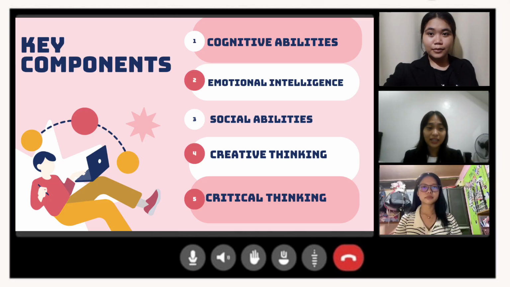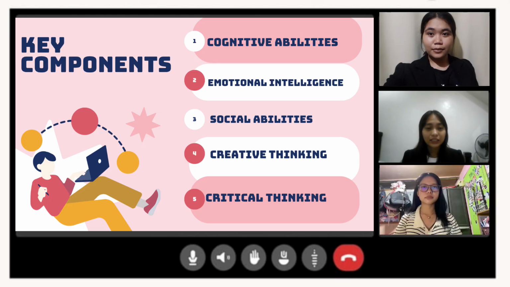The fourth one is creative thinking. This involves generating new, original ideas and solutions. Example is thinking of a unique solution to a problem or creating a piece of art. The fifth one, the last one, is critical thinking.